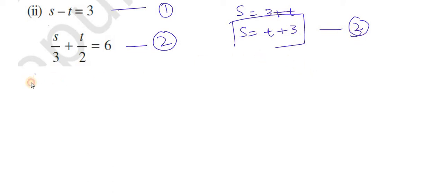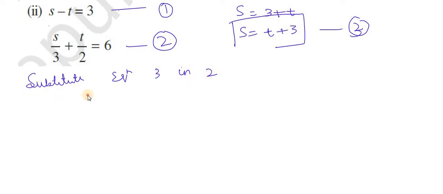Now substitute equation 3 in 1 or 2. From 1 we got this, so don't substitute in 1. If you substitute in 1 you'll get the same thing. But when you substitute in 2 you'll get the correct answer. Substitute equation 3 in 2.